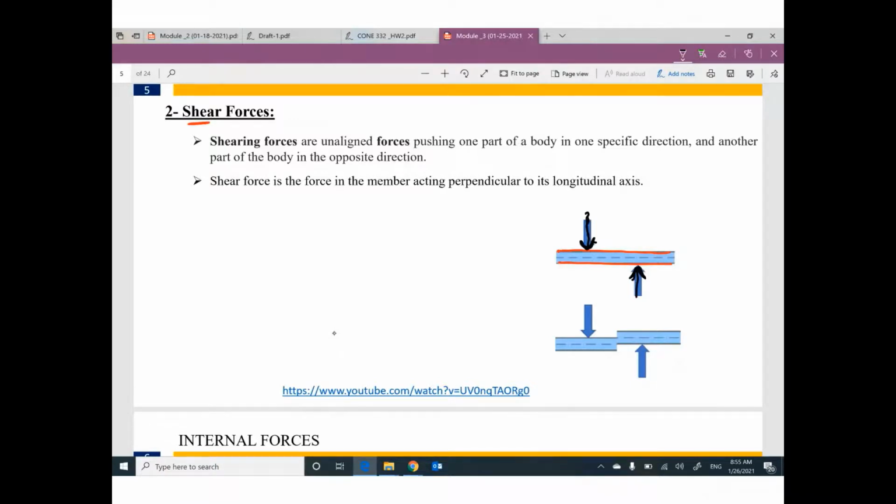This force which is coming down will try to get this part of the member down, and the other force which is going up will try to get this part up. So we can expect something here called shear of the member. So to have a shear force, we have a force perpendicular to the member.